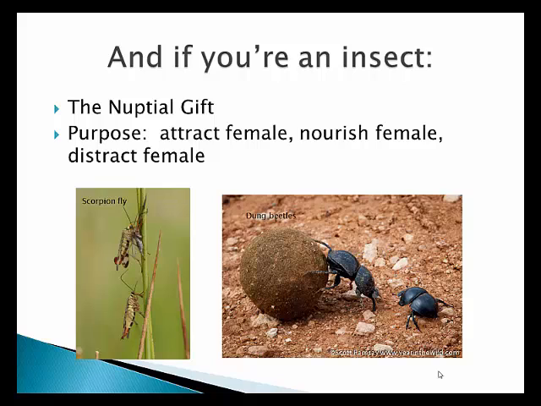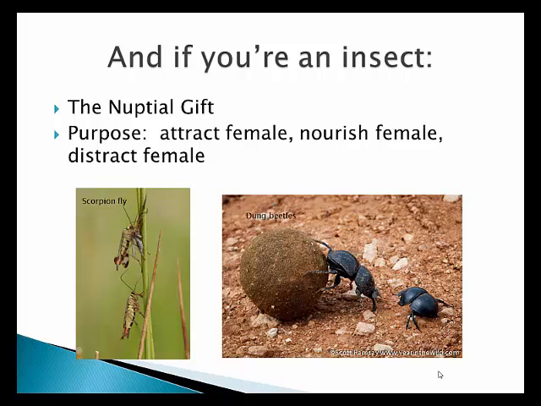the offspring. The types of gifts that males use for this purpose, for nuptial gifts, are variable with species. But the purpose, as mentioned before, is to provide an incentive for the female to mate with him.